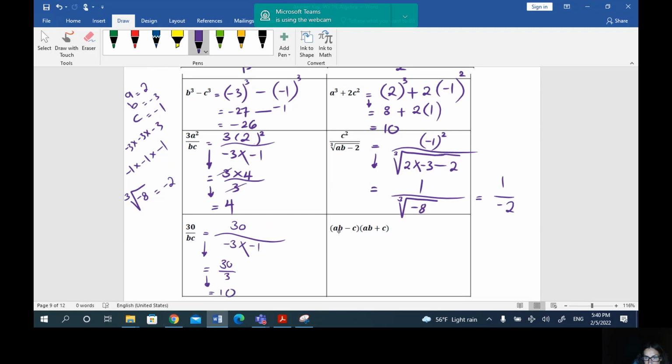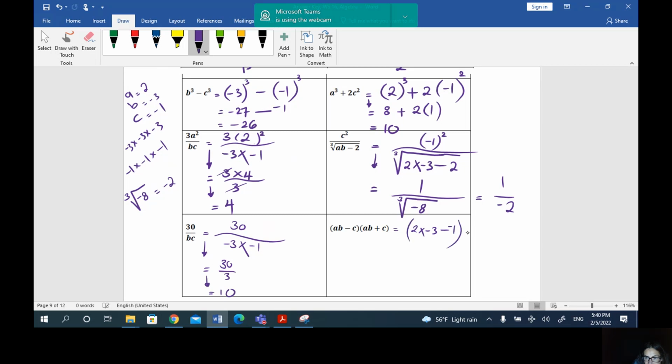Now, AB inside a bracket, AB minus C, times AB minus C. Okay, which means A times B. What is A? What is A? 2 times, what is B? Negative 3, minus C, which is minus 1.